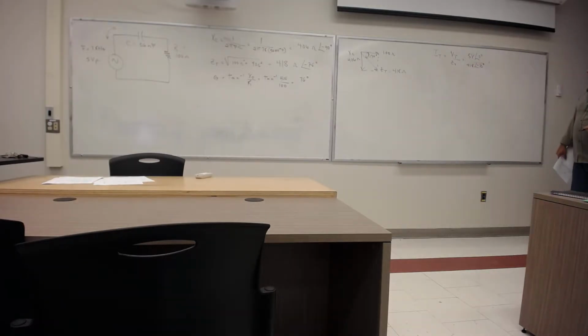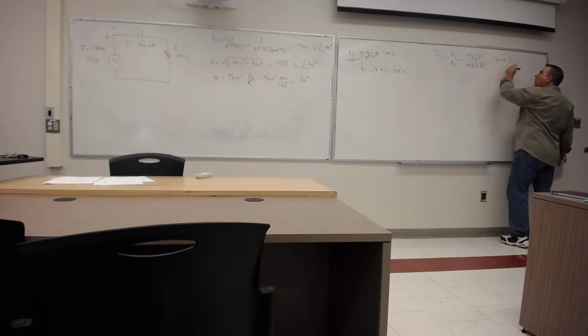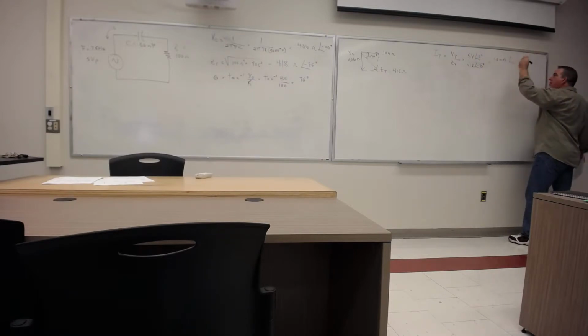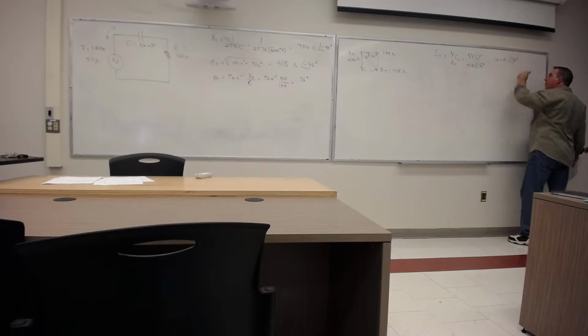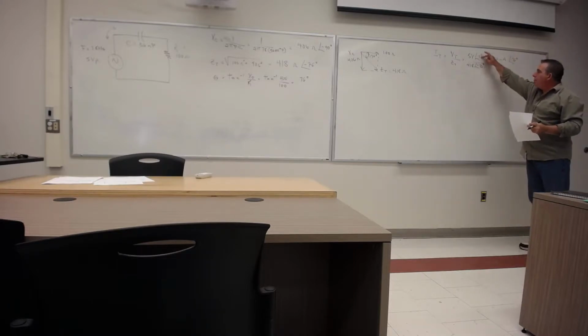So 5 divided by 418. What do we get for current? 12 milliamps at an angle: you go 0 take away negative 76, so two negatives is positive, so this is at 76 degrees. The rule with the angles is when you're dividing, you take the top one and subtract the bottom one. All right?